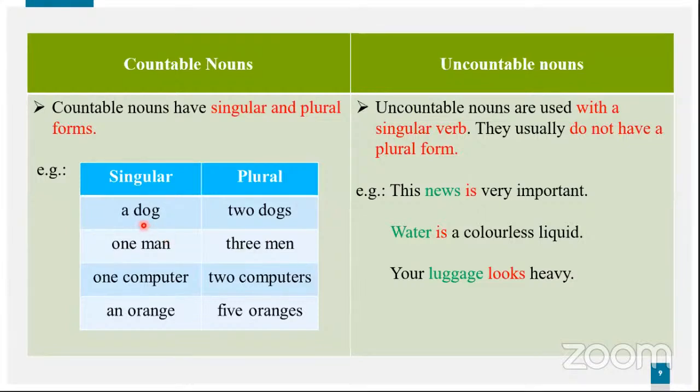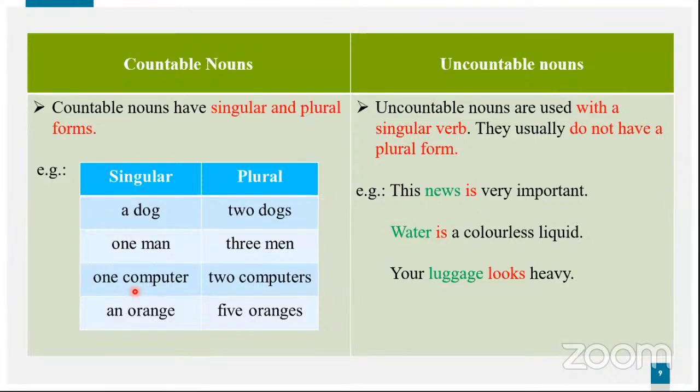Look at this one. A dog. There is only one dog, right? The plural is two dogs. One man, three men, right? Singular, plural. Third one, one computer.